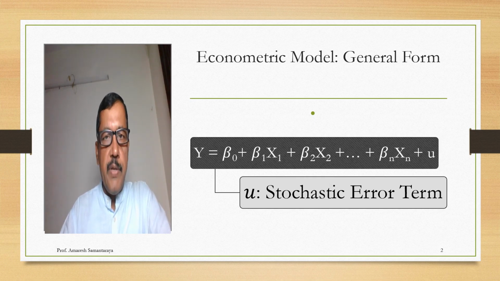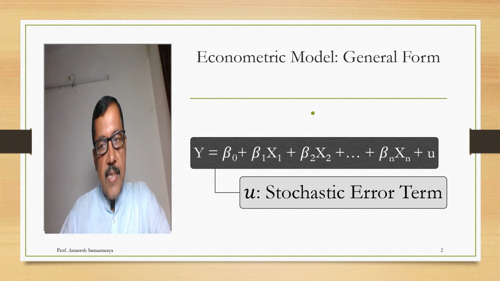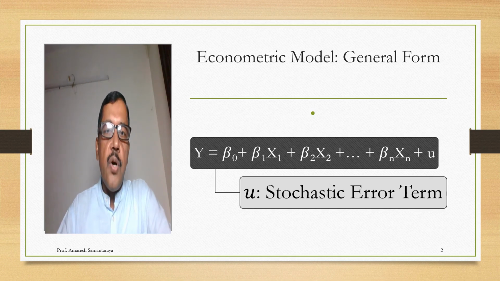You can refer to my previous video to have a broad understanding about how we specify an econometric model, and I have already discussed in that the importance of u on the right hand side, which I term as stochastic error term or stochastic disturbance term, which is of greatest importance in econometric analysis.